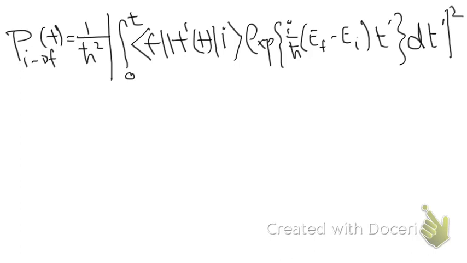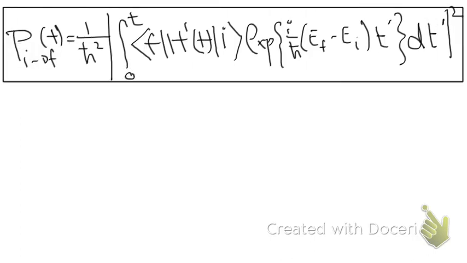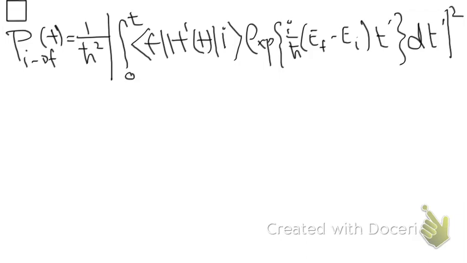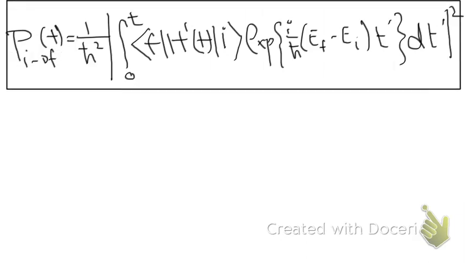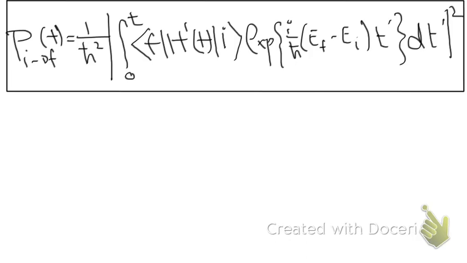Okay, so this equation over here is what gives me the probability of my system to be measured in a particular final state f from an initial state i in some time t.